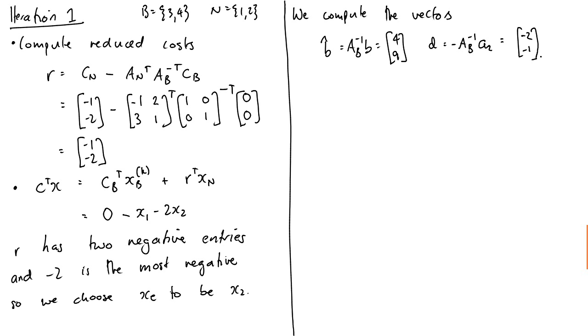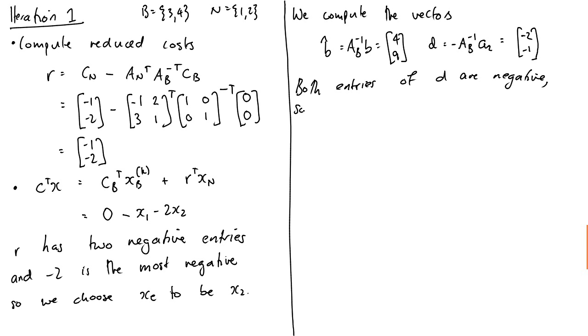Okay, so this is equation 11.8 in your simplex lecture notes. Both entries of d are negative. Because remember, we're only going to consider the ratios where d is negative.